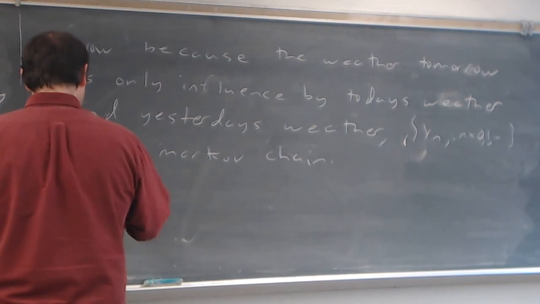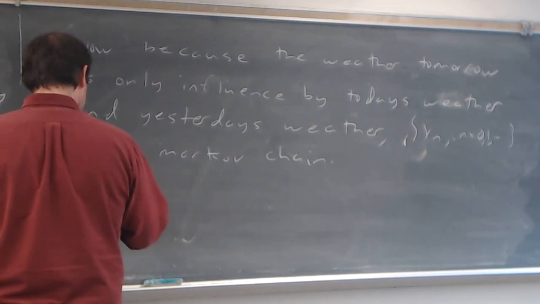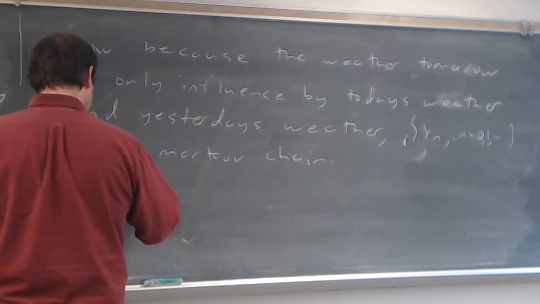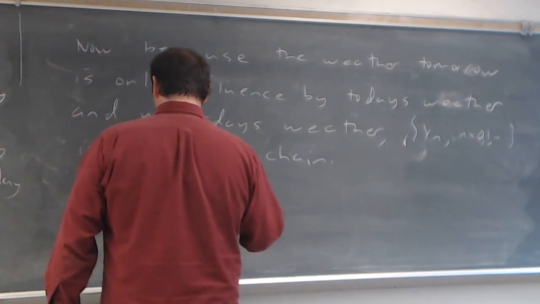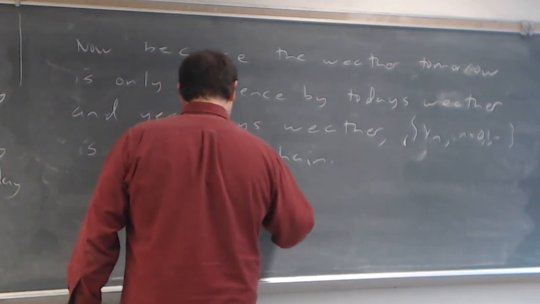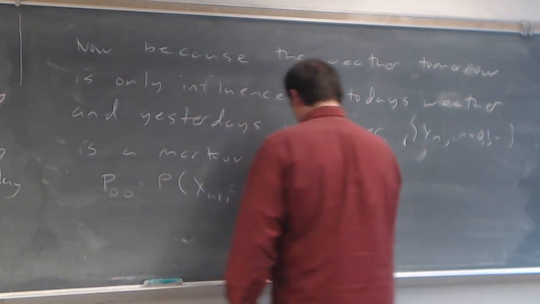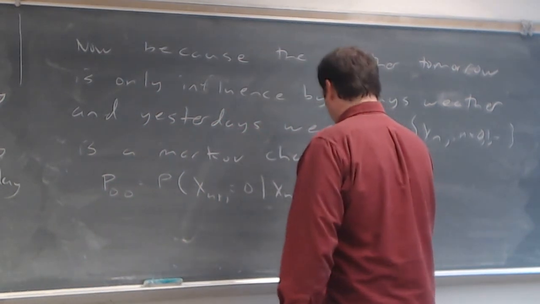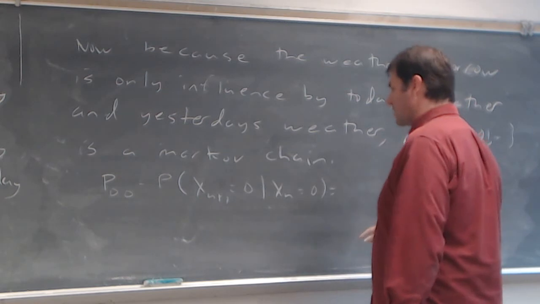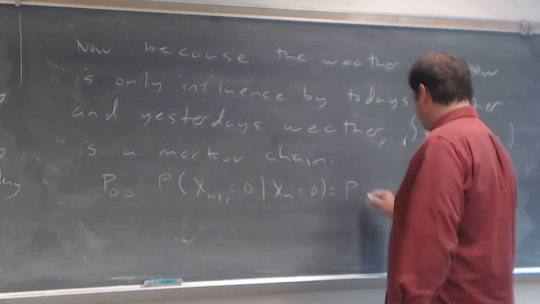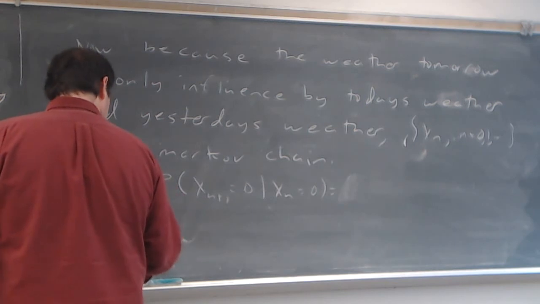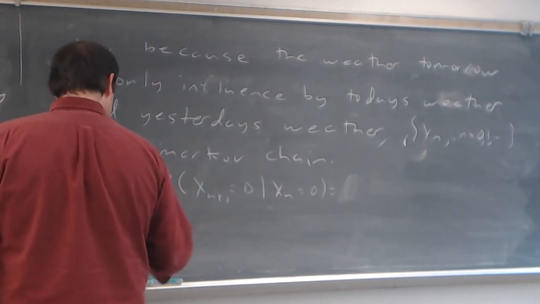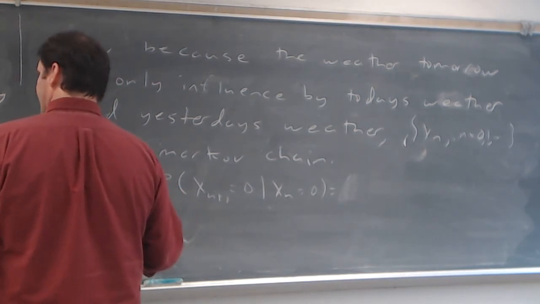Let me start off with P of 0, 0. That's equal to the probability that x sub n plus 1 equals 0 given x sub n equals 0. I only want to do a few of these. 0 means it rained today.